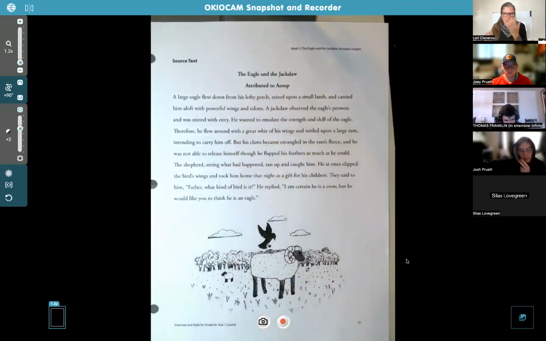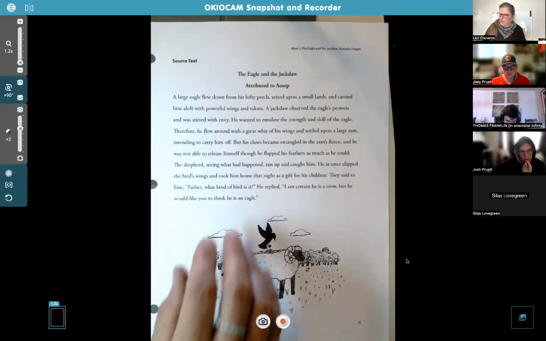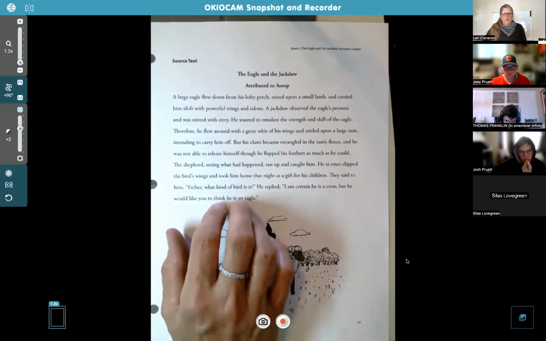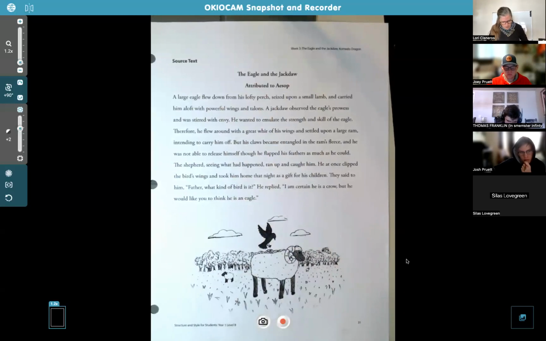Aesop's fables, remember, are this collection of short stories that usually have animals with humanistic personalities. They're either talking or they have a scenario, and then we always learn a lesson from it. That's what this is, and we're going to talk about that.